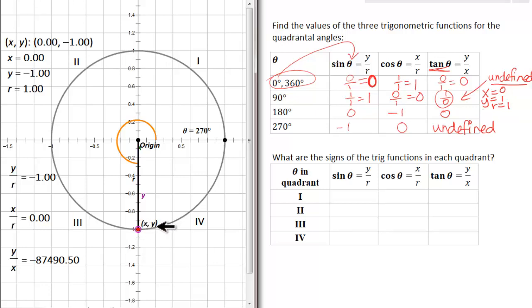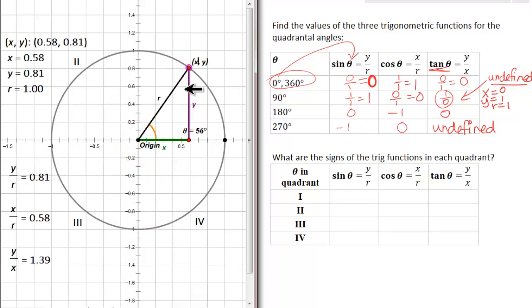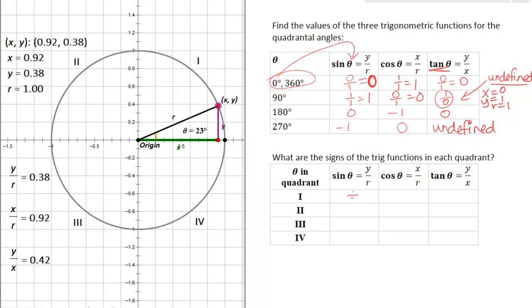Another observation that's really nice to make is, what are the signs in the different quadrants? So we've kind of alluded to this before. Notice all of these x and y's are positive. So since all three values are always positive in this whole entire quadrant, quadrant 1 is always going to be positive.